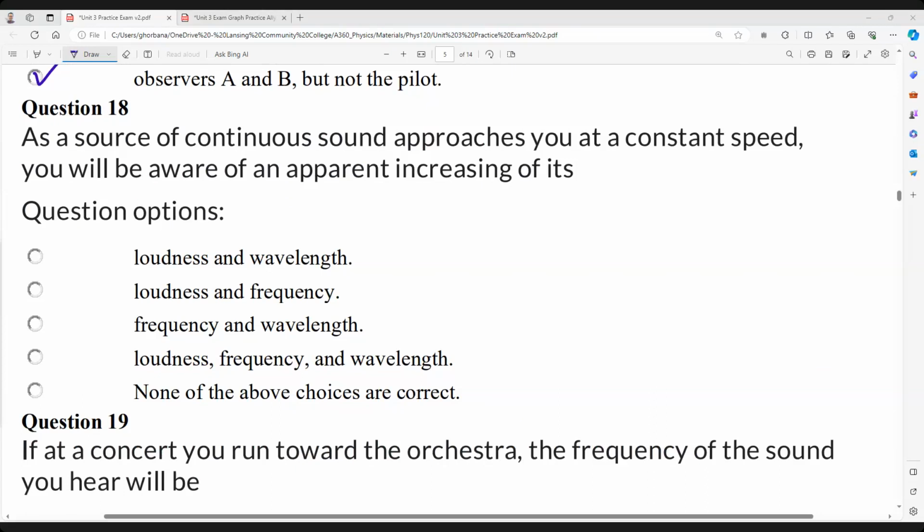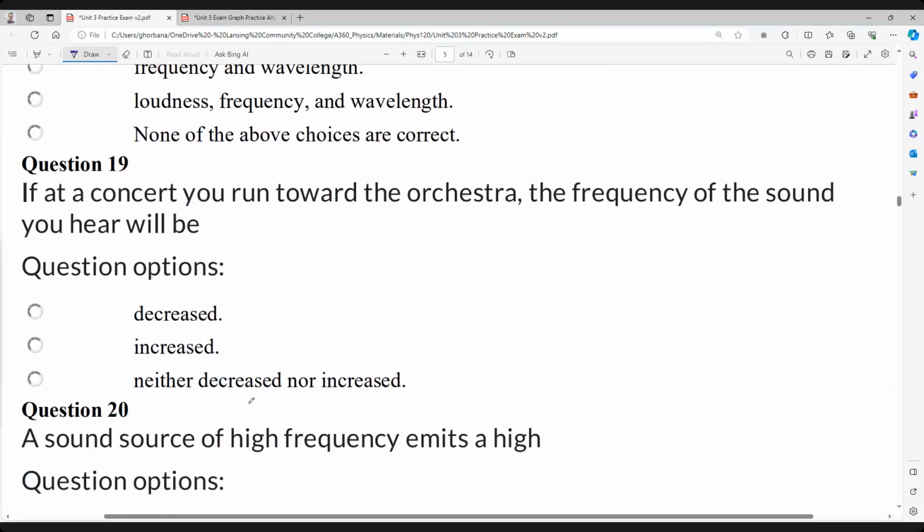If the velocity is increased and the frequency is increasing, the power is increased. So it means that the loudness and intensity increase. So which one is the right answer here? The loudness and frequency, because the wavelength decreases.